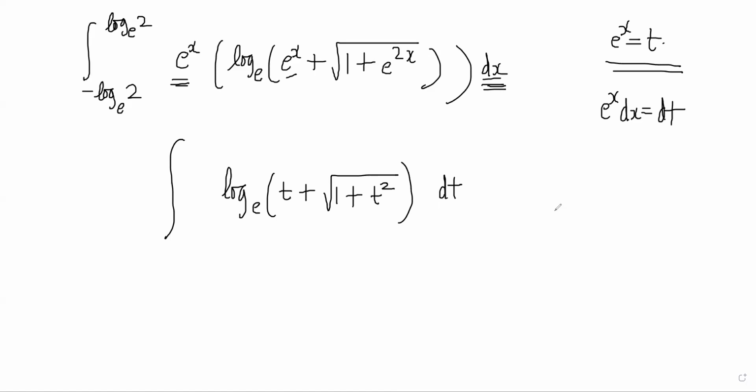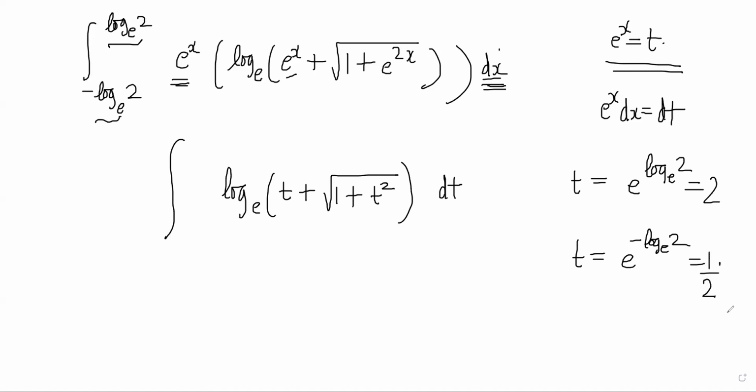Because here x was going from here to here. Now you have t. So your upper limit will be e power log e2, which is equal to 2. And the lower limit is e power minus log e2, which is equal to half. I hope everyone understands how it becomes this.